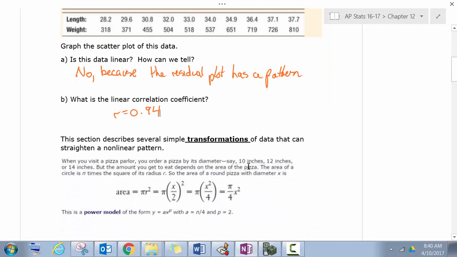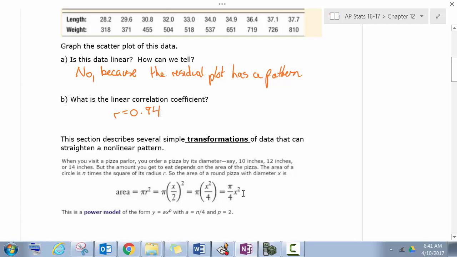This section talks about transformations so that we can straighten out nonlinear patterns and make it linear. When you buy pizza, you order it by the diameter. However, you get more pizza, or you measure how much pizza you're actually getting, by area. So this is just a little formula showing it. Our diameter is x, divided by 2 is our radius, so radius squared.